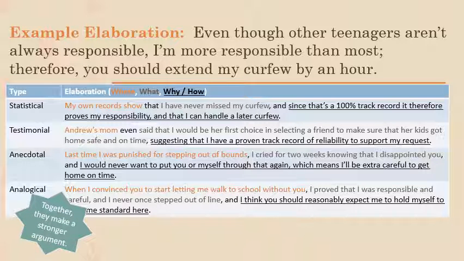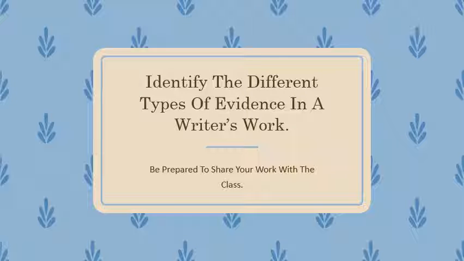And there's the note there that tells you that. So what you're going to be doing now is identifying the different types of evidence in another writer's work. We'll talk about which of the four types it is. And then I want you to be able to share what you notice in that writer's work with the class.